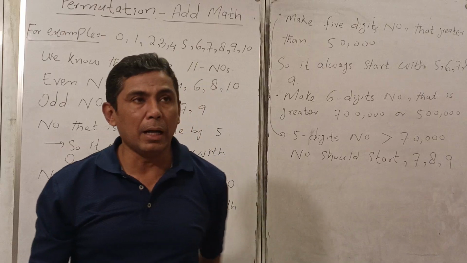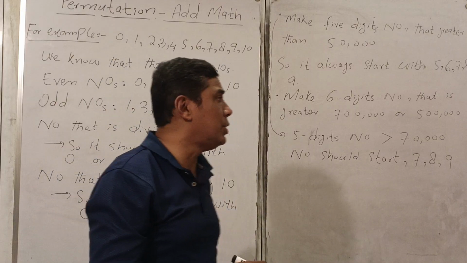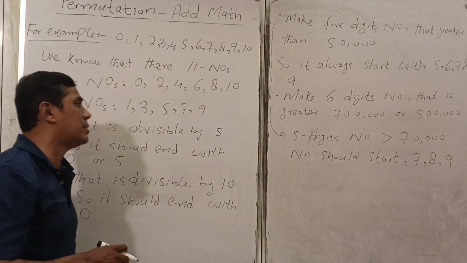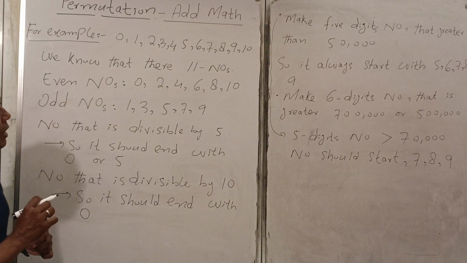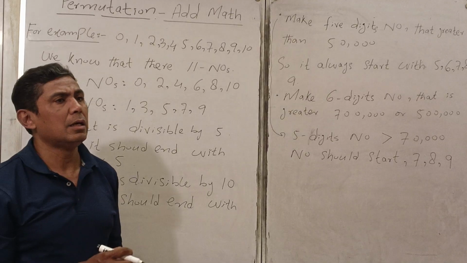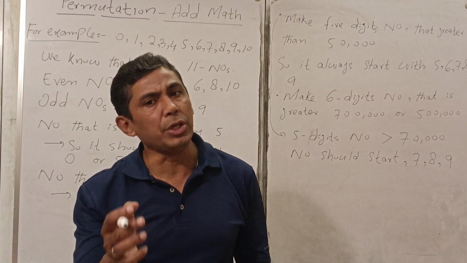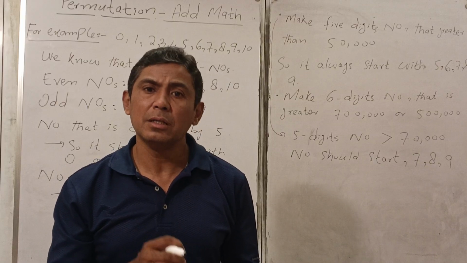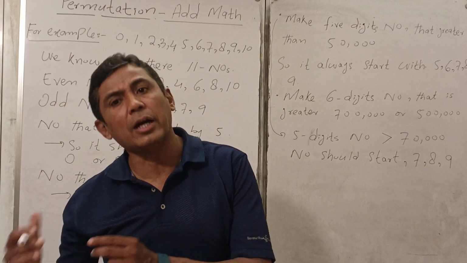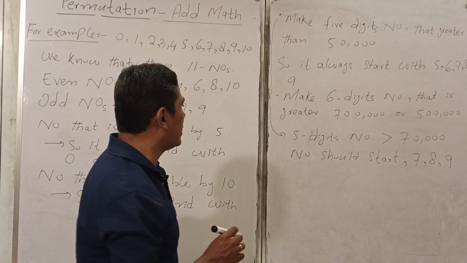Clear? Now, there are some other restrictions. Okay, your number should end with 0, and your number should not start with 0. There are other kinds of restrictions. What are the restrictions?